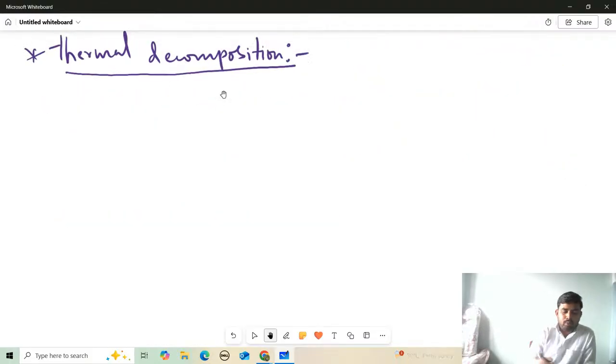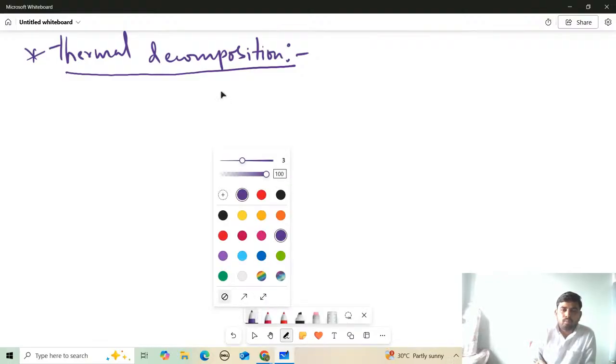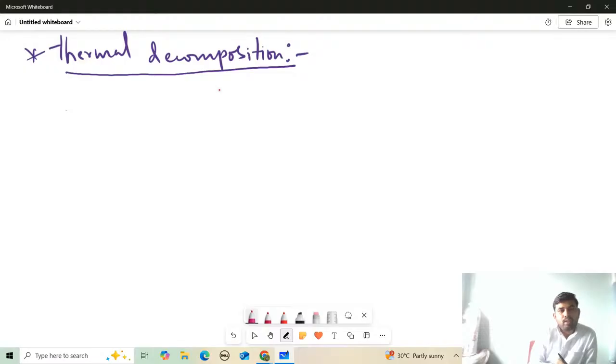So for thermal decomposition, let me write the equation. The given example is CaCO3, which we just took. CaCO3 forms calcium oxide plus CO2 gas.